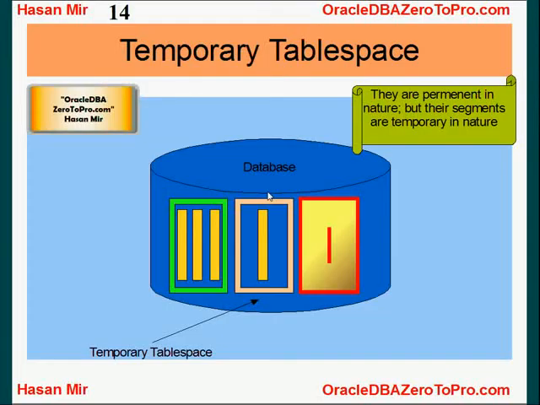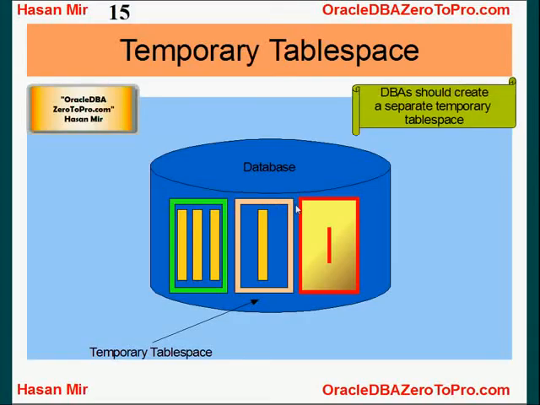You know that tablespaces contain segments, and in a regular tablespace a segment represents a table or an index, but in a temporary tablespace a segment represents some sort of operation, and these segments are temporarily created. But temporary tablespaces are permanent in nature. Segments within these are temporary in nature.